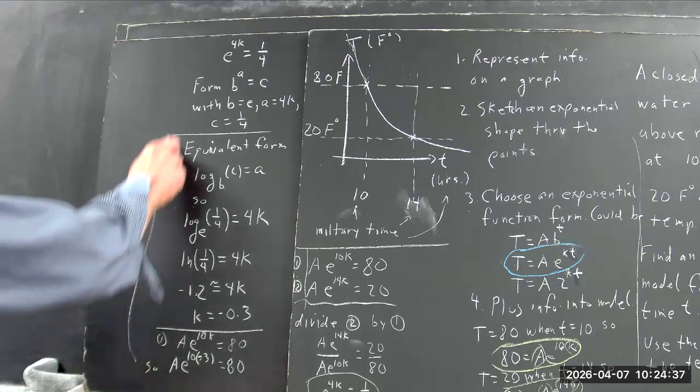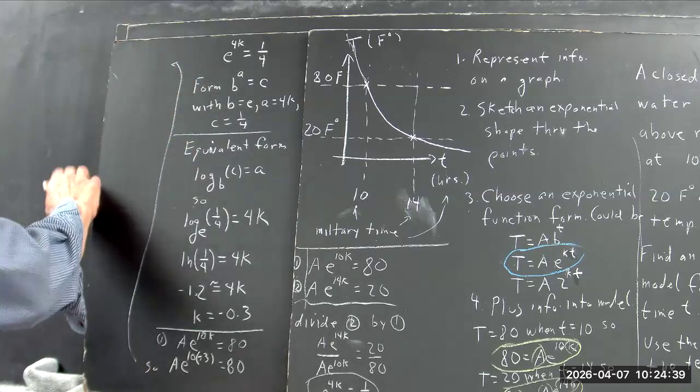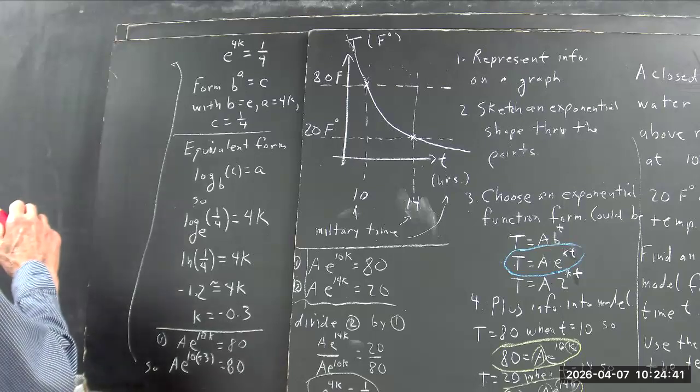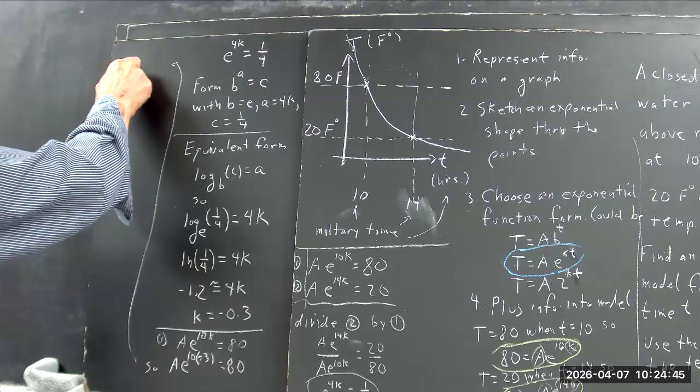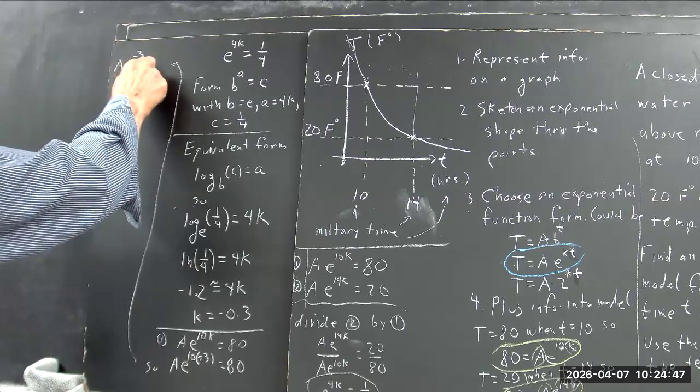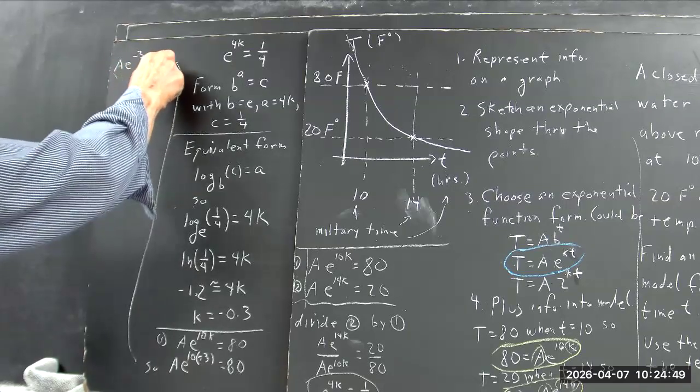Well, we're going to have to come up here to finish this. Got plenty of room. So we have a e to the negative 3 equals 80.